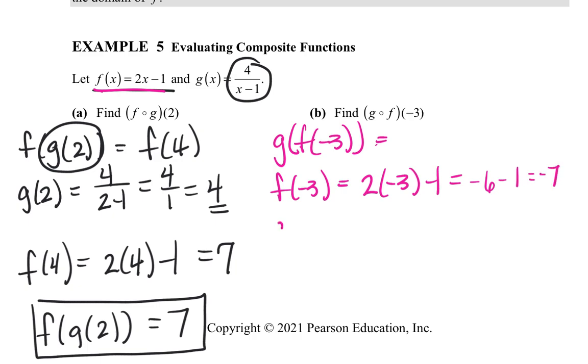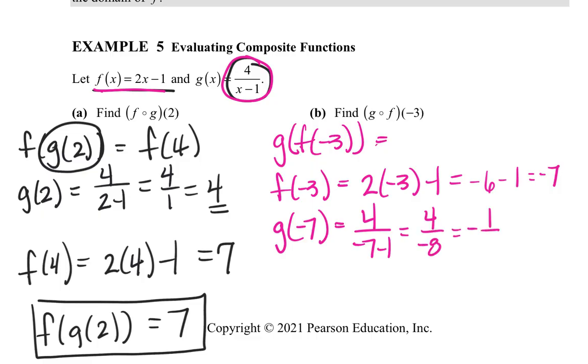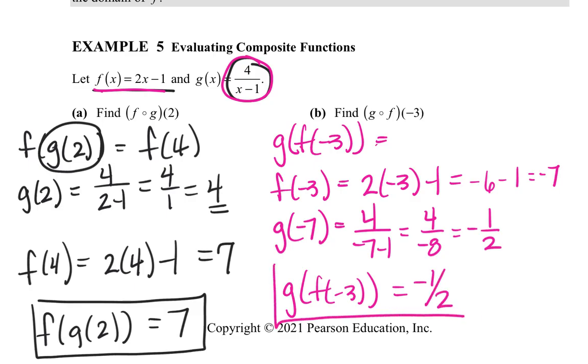And now you're going to do g of negative 7. And g is this function here. So you've got 4 over negative 7 minus 1. So 4 over negative 8 is negative 1/2. So g of f of negative 3 is equal to negative 1/2. So work from the inside out.